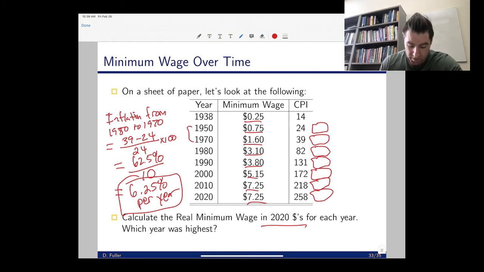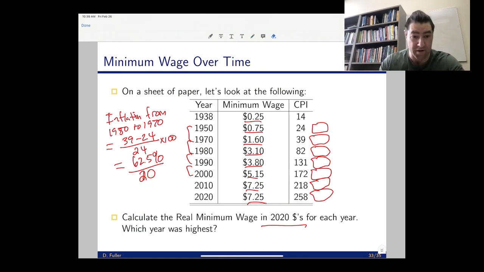So you can go and take the other decades here. And, oh, sorry, you know what? I was a little bit high there. This is divided by 20. Sorry. So we went 20 years between 1950 and 1970.